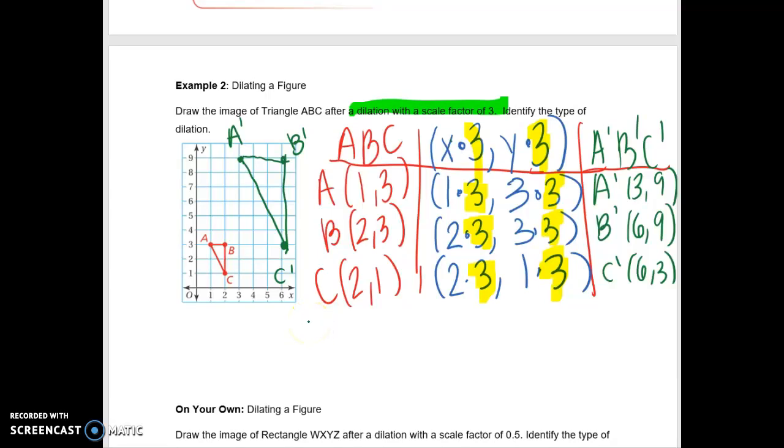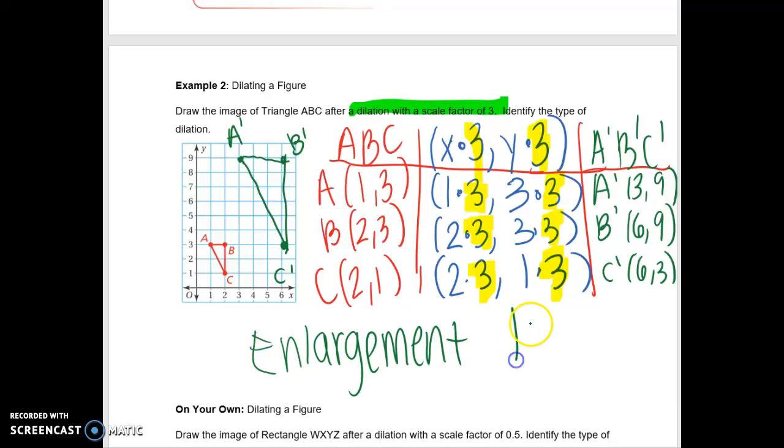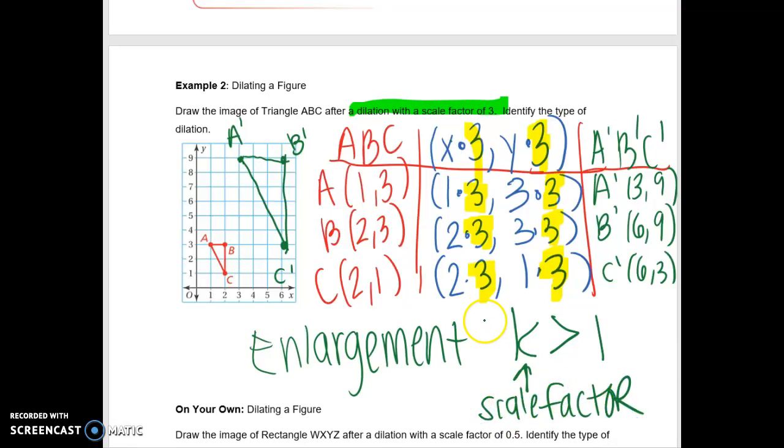So this dilation is an enlargement because your k is greater than 1. Remember, k represents your scale factor. We know k is 3 from up top. So therefore, we call this an enlargement.